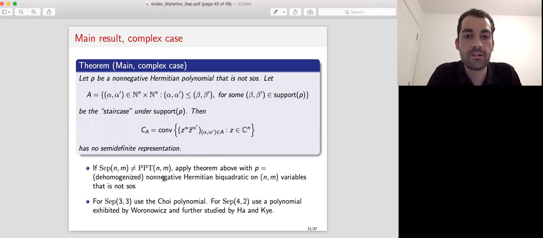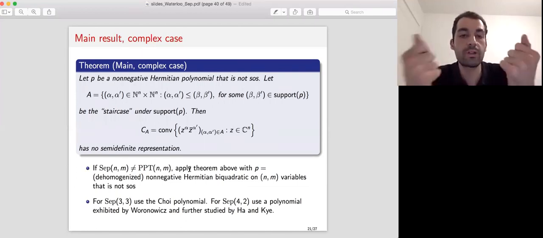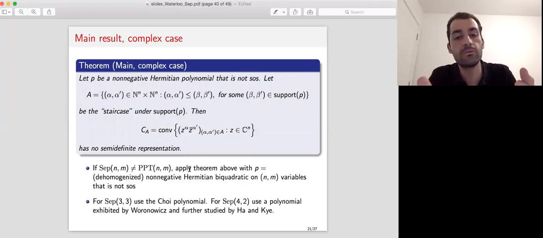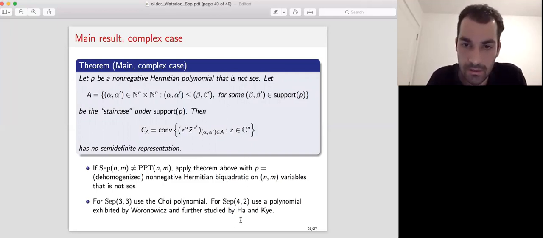And then, as I mentioned before, if SEP of n,m is different than PPT, we know that there is a certain polynomial that's non-negative but not a sum of squares that certifies the distinction between the two. For SEP of 3,3, I use the Choi polynomial, and for SEP of 4,2, I use a polynomial by Woronowicz, and I use some of its properties studied later by Ha and Kye.